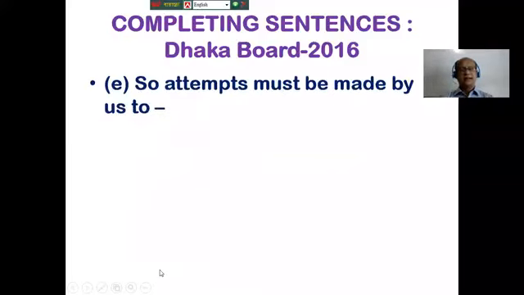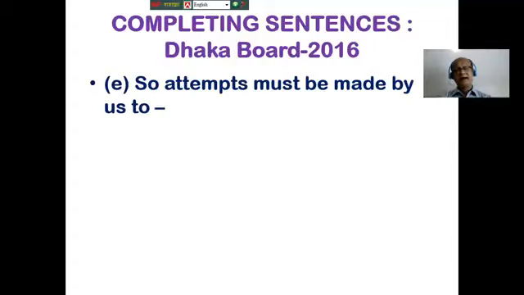So, attempts must be made by us too. So, this part indicates that we should use a phrase. What is a phrase? A phrase does not have a finite verb.